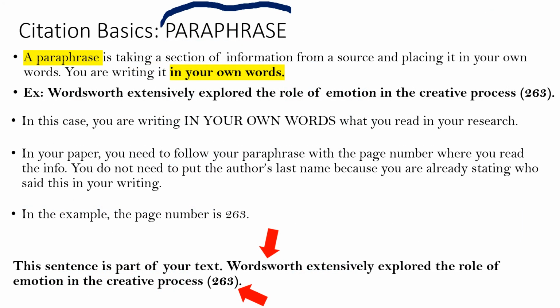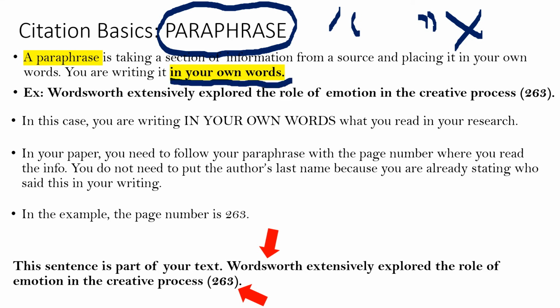When you're paraphrasing, you're not using the quotes. So you're taking something that you read and you're putting it in your own words in your paper. You can do this. Here's an example. Here's what would appear in my essay. Wordsworth extensively explored the role of emotion in the creative process. So here I don't have a direct quote.